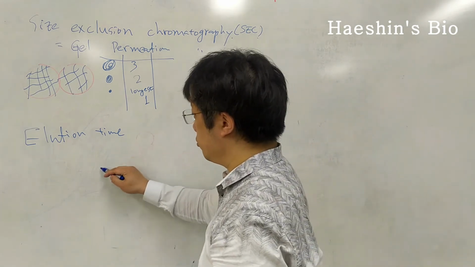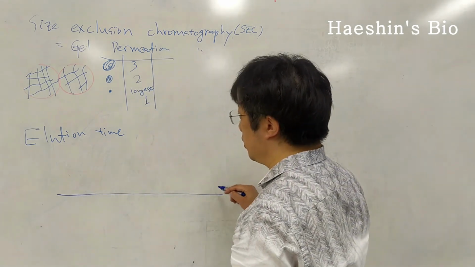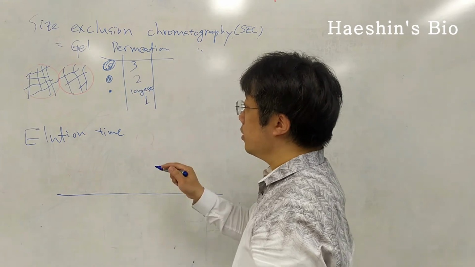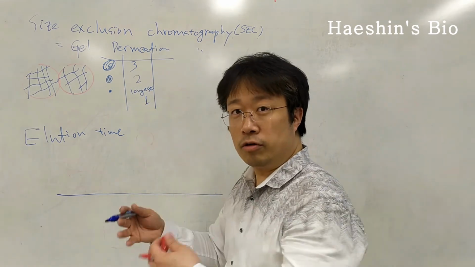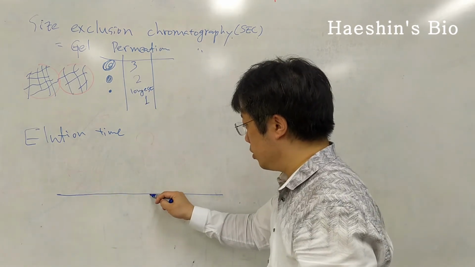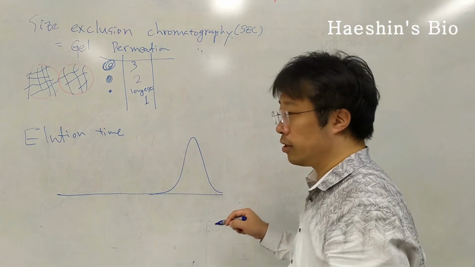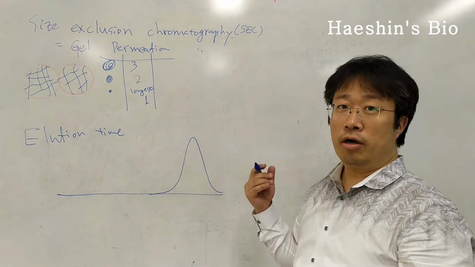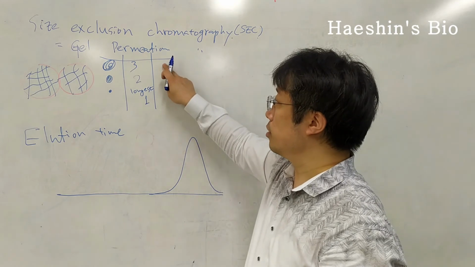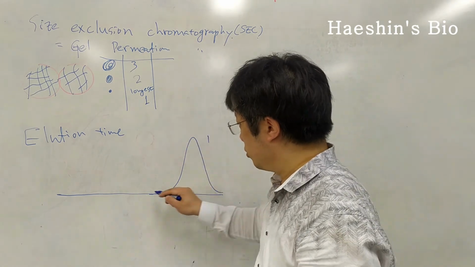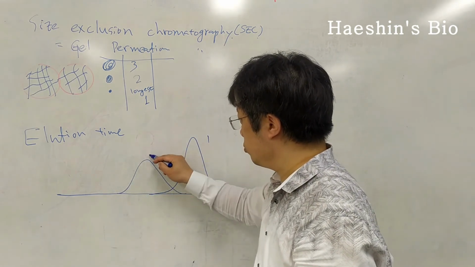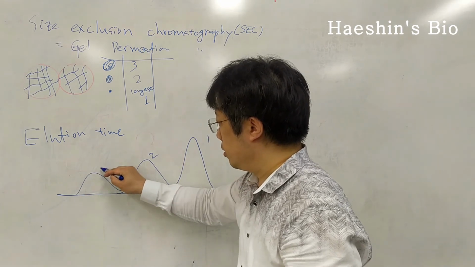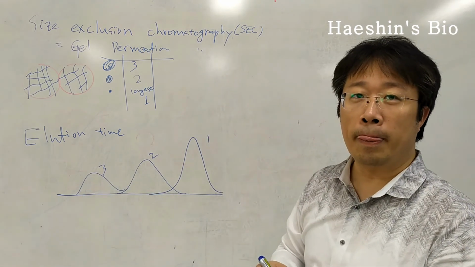If there are three cases, then this is the longest one, so this will be eluting much later compared to this 3, so this is 1, this is maybe 2, this is maybe 3, for example. Right?